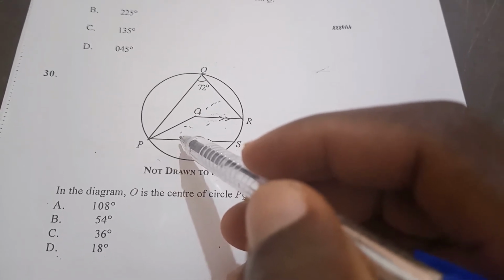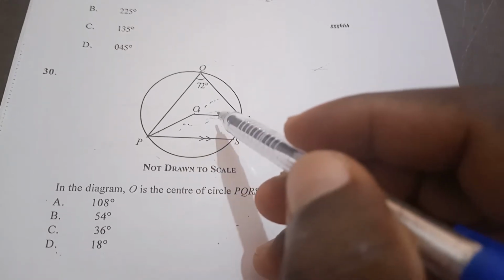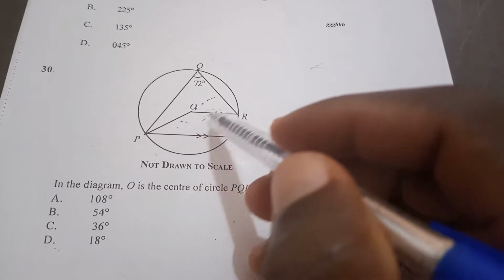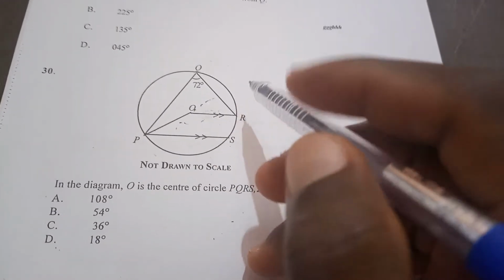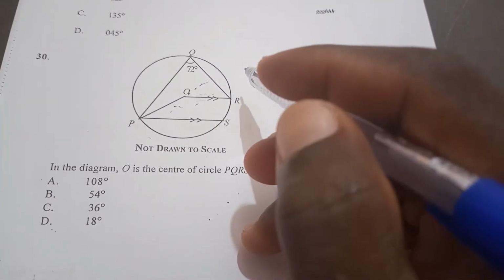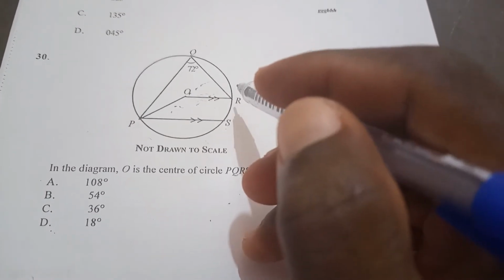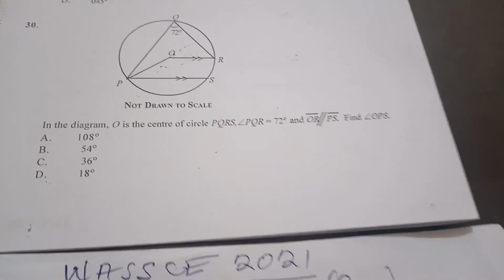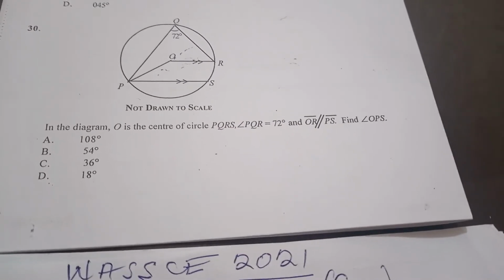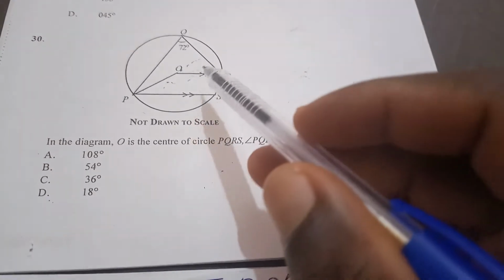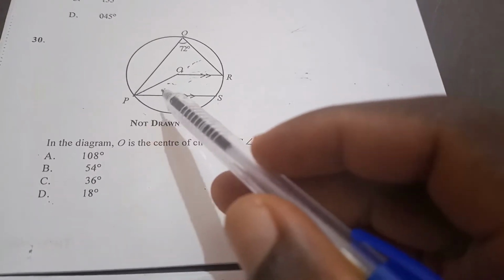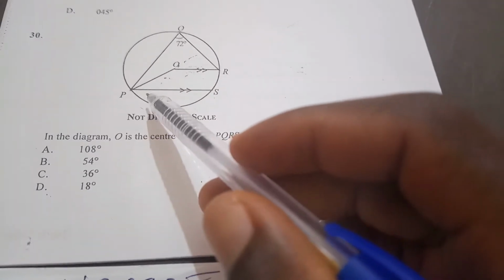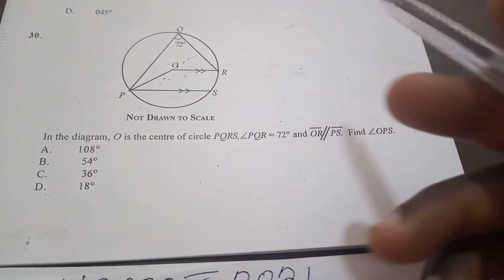But then we also know that that angle will be on a straight line with the POR that we have found, and angles on a straight line add up to 180 degrees or are supplementary. So if the angle here will be the same as the angle here, then we can say that the angle here plus the angle here will give us 180.